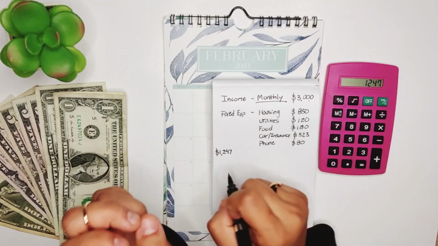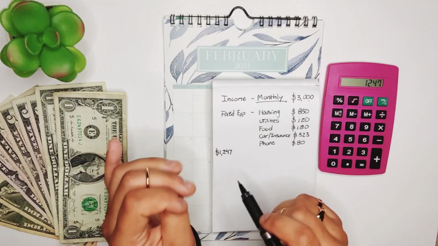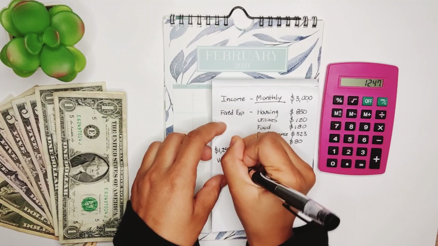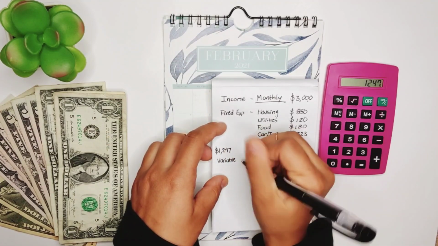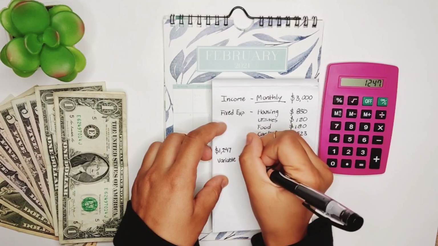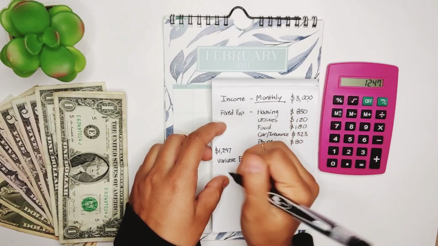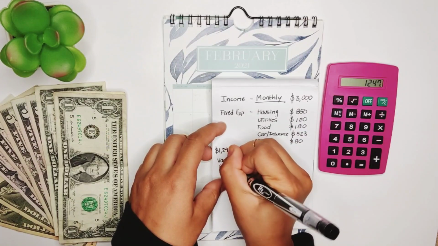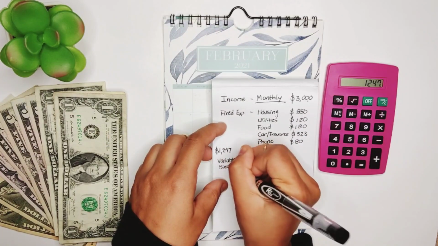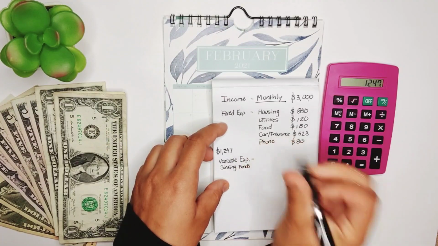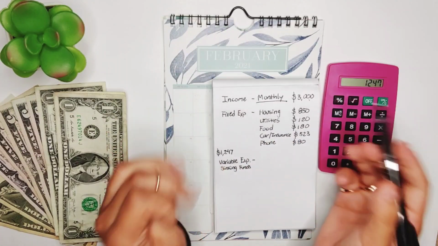And now that we have this number, we are going to be getting into our variable expenses. And then I'll also write sinking funds, just because this is pretty much what the channel is about, sinking funds and cash envelopes.